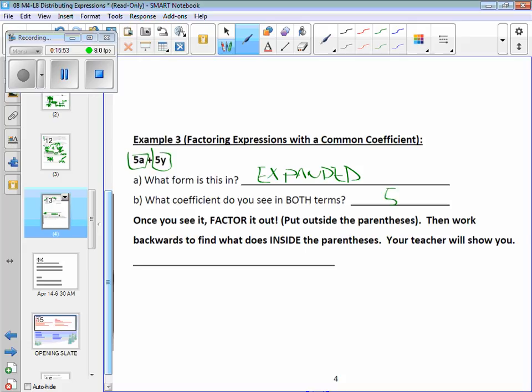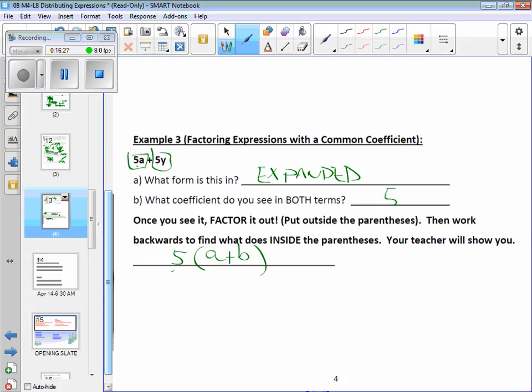When you see it, factoring it out means that's the number outside the parentheses. So 5 is going out, parentheses, and I know I need a plus sign in the middle. And you work backwards. 5 times what makes 5a? Correct, an a. 5 times what makes 5b?